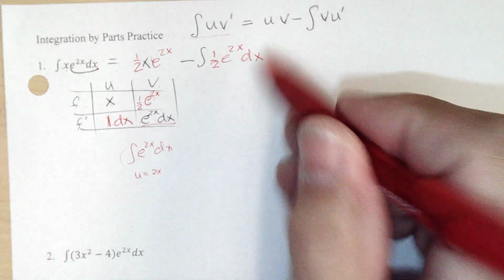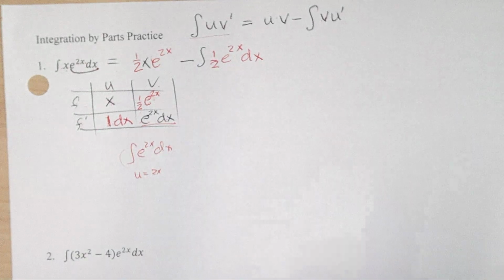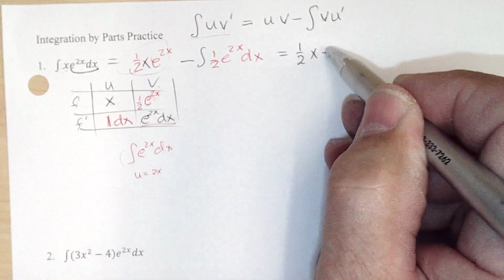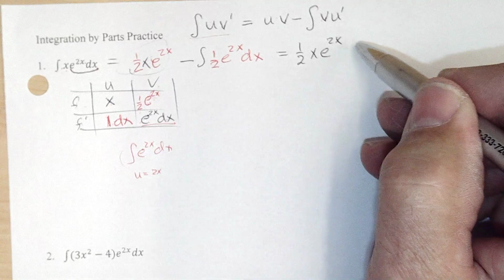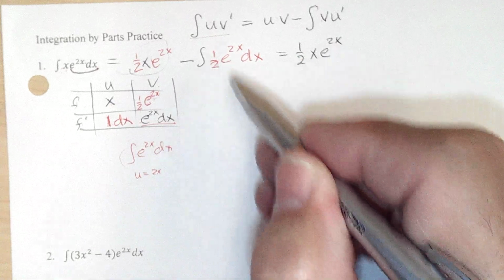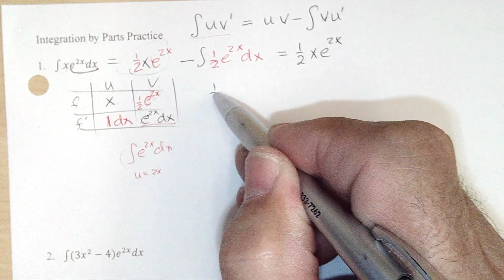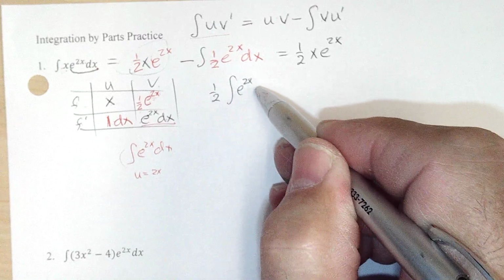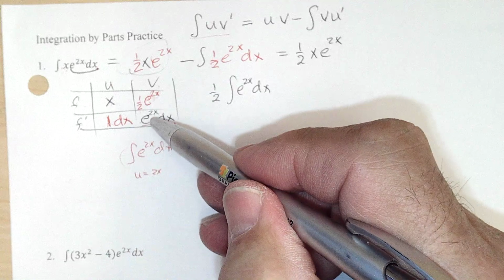And then continuing on, there's no integral on it anymore, so we just have 1/2 x e to the 2x. The half pulls out, and we just did the integral of e to the 2x.